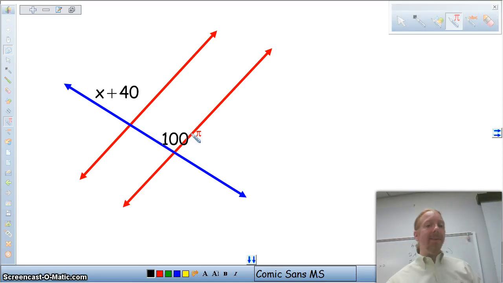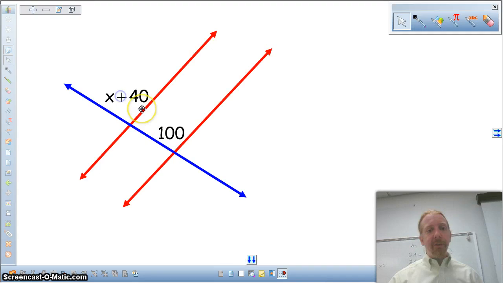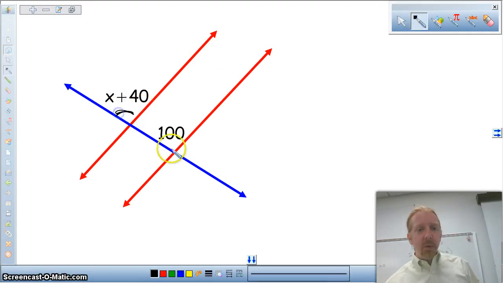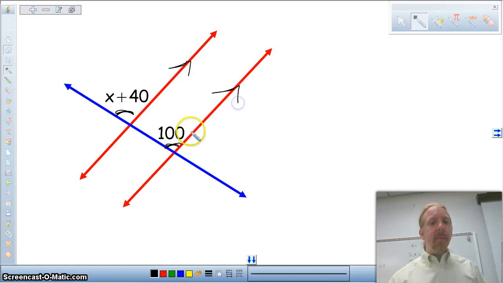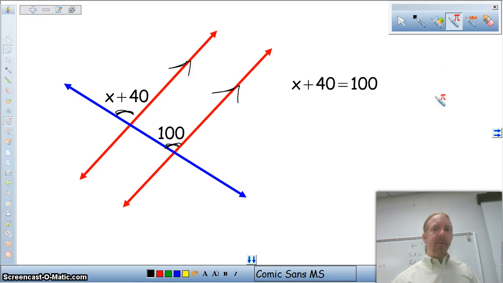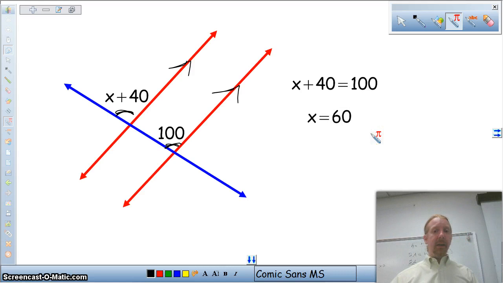And the question is, what's x? Since these labels are pushed into corresponding angles, and I've already said these lines are parallel, I can conclude that x plus 40 must equal 100. Therefore, algebra happens, and I can see that x must be 60.